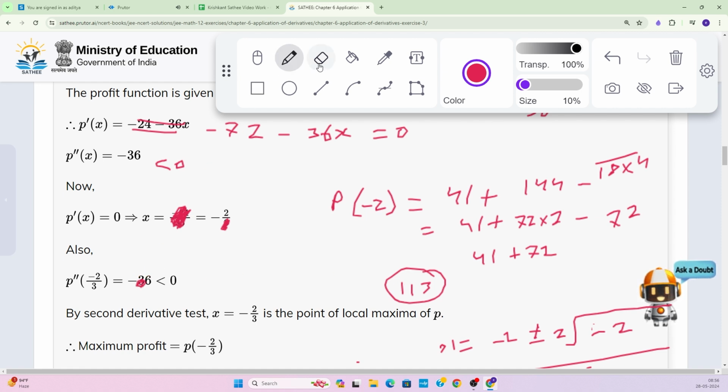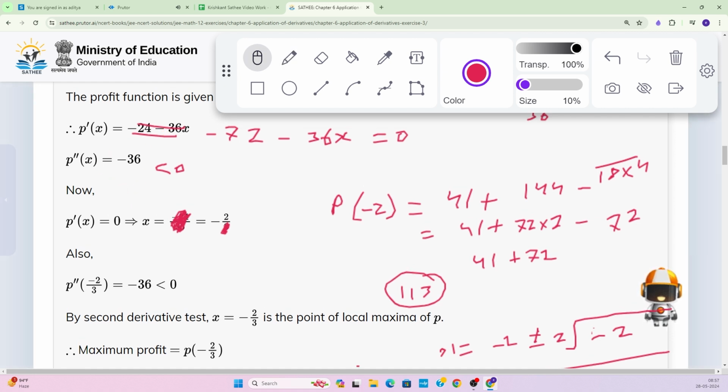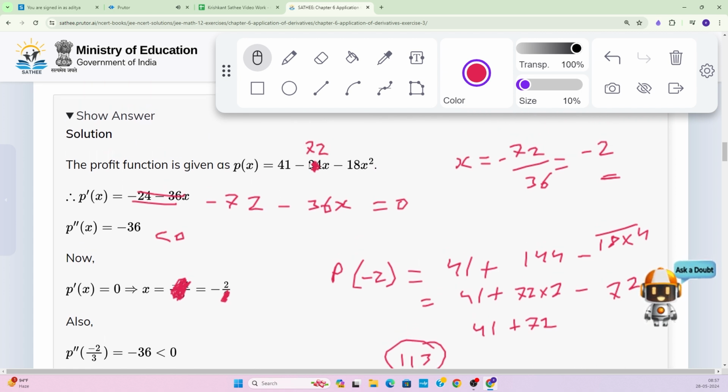Please correct this. The answer given here is quite wrong because of this constant term minus 24. It must be 72, not 24. Replace this.